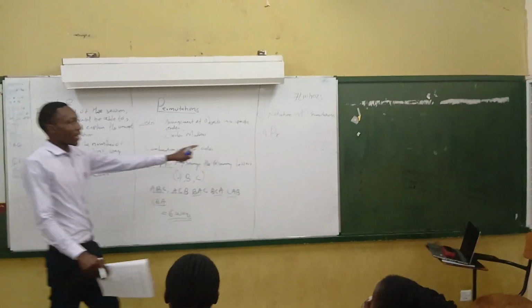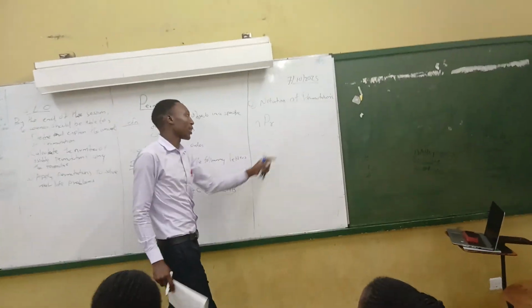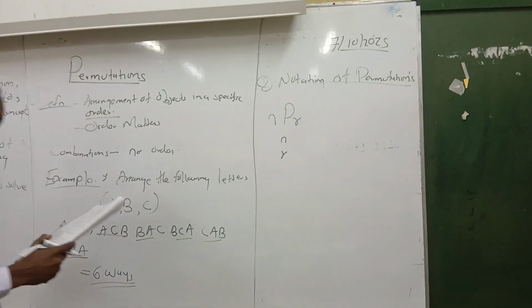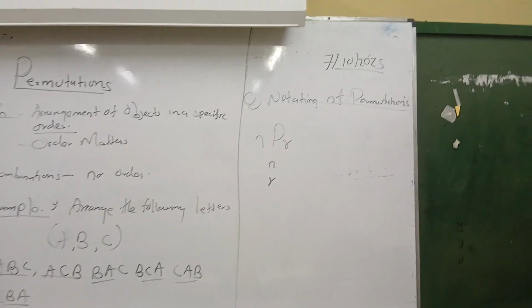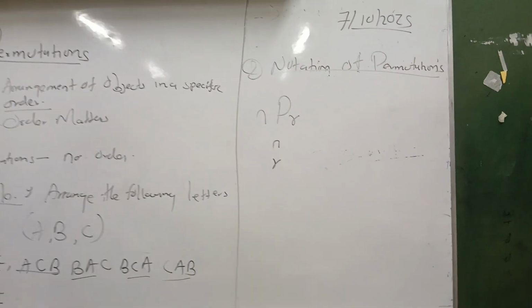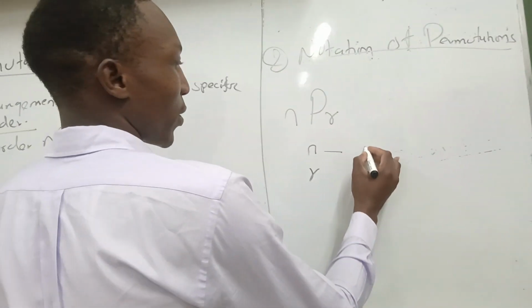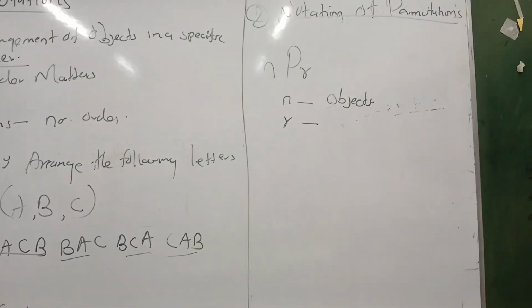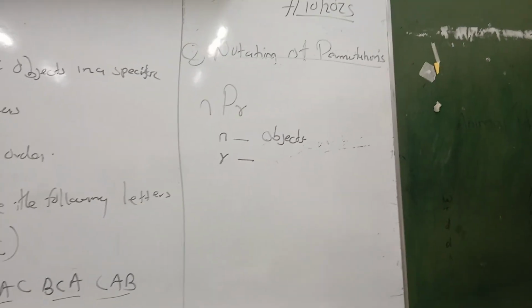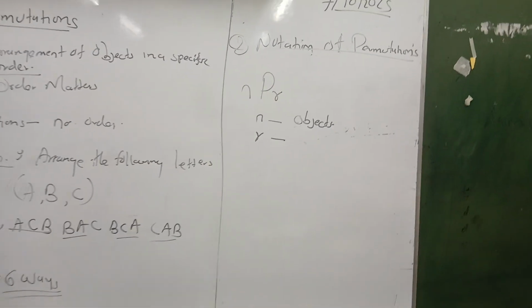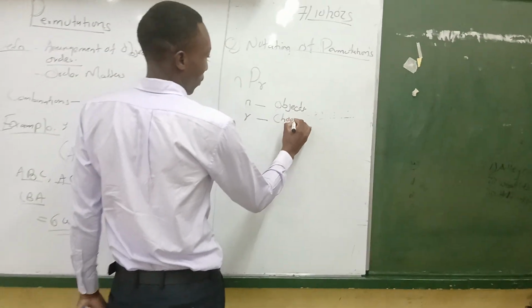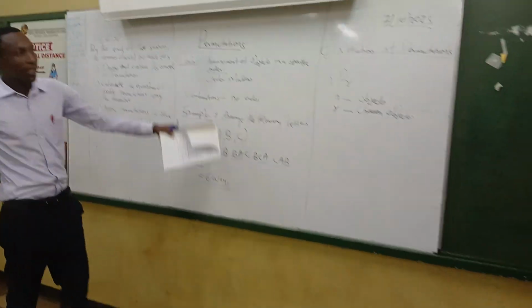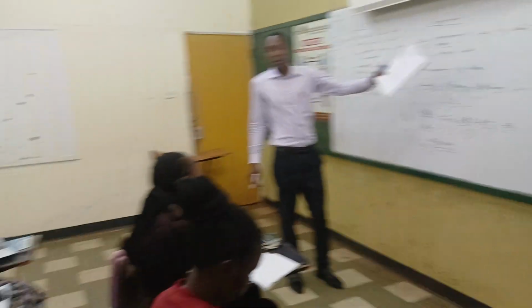In this case, N represents the total number of objects, and R represents the number of chosen objects. This is how we denote permutations.